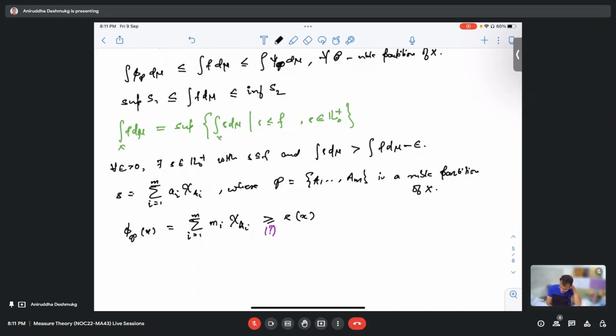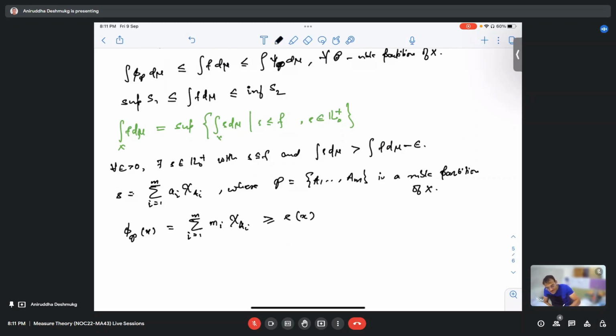On the left hand side, the m_i are the infimums. See, because s(x) is a lower bound of f(x), and m_i is the infimum of f(x), m_i must be at least s(x). So we can see this.